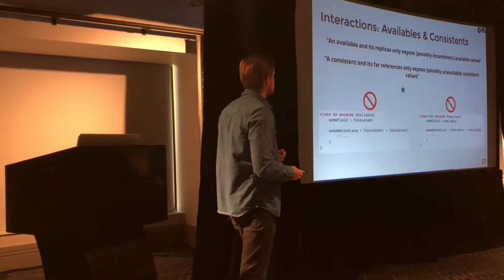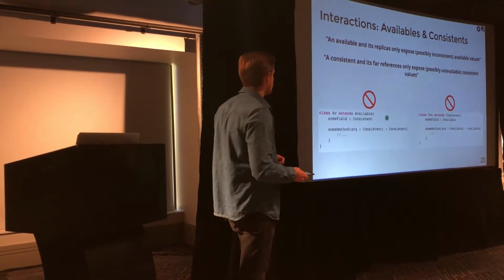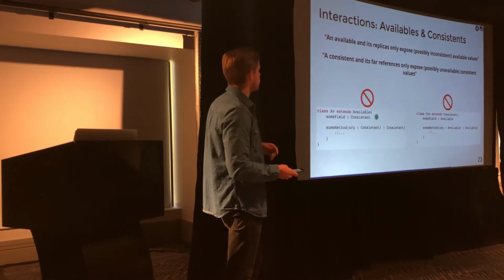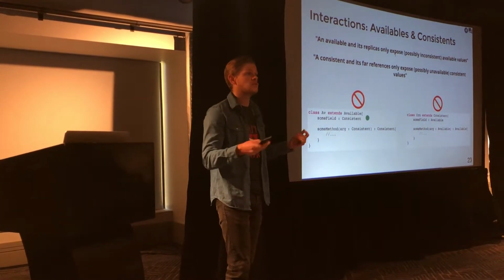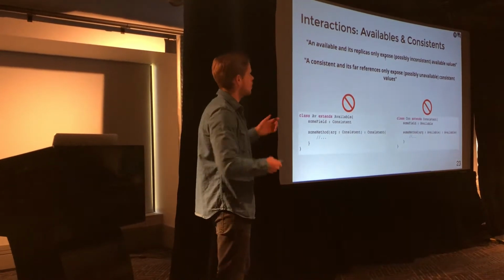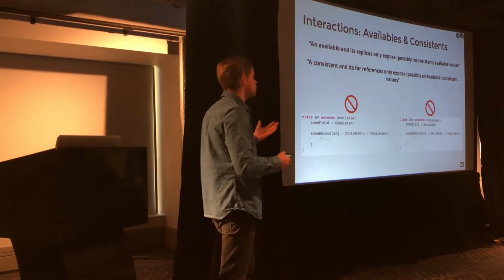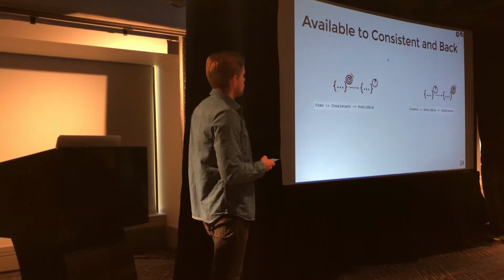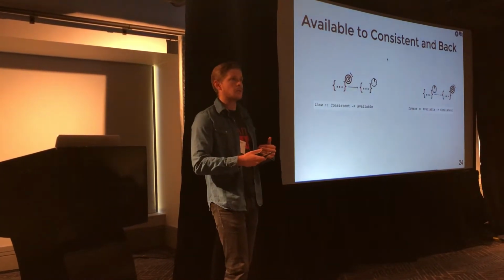And so what captain.js disallows at runtime is, for instance, for an available to return a consistent object, or for an available to have a consistent object in one of its instance variables. Conversely, the inverse holds for consistent objects. So this is of course very restricting from a programmer's perspective.